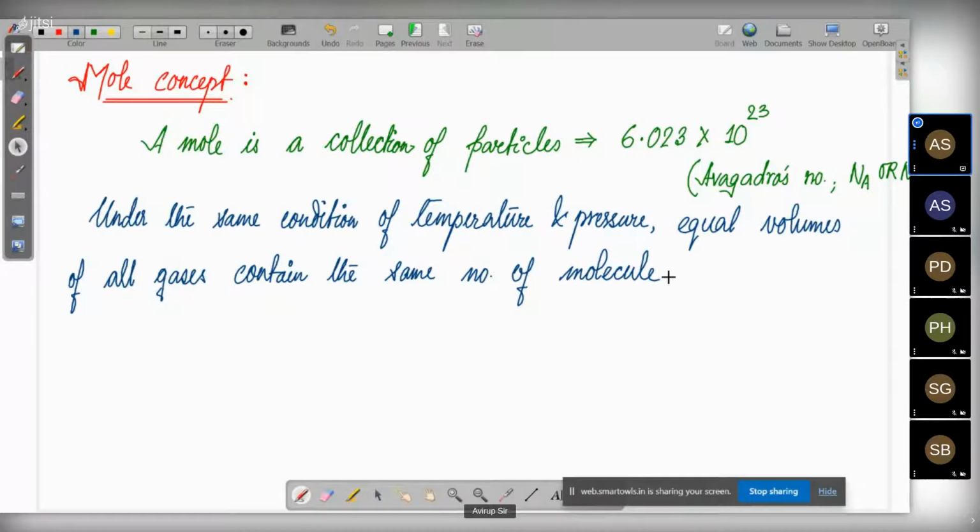So under the same condition of temperature and pressure, equal volumes of all gases contain the same number of molecules. And this is known as the Avogadro's law.